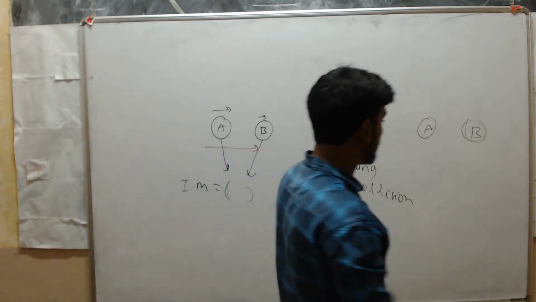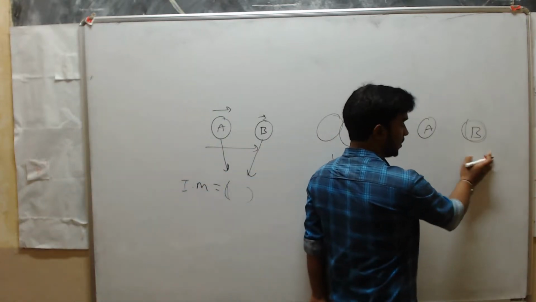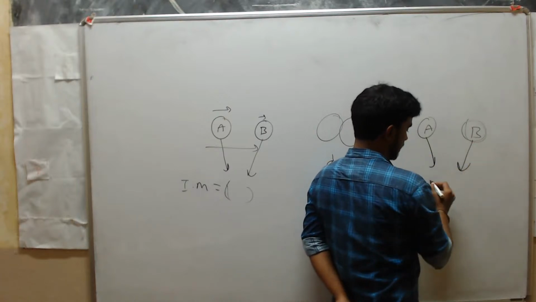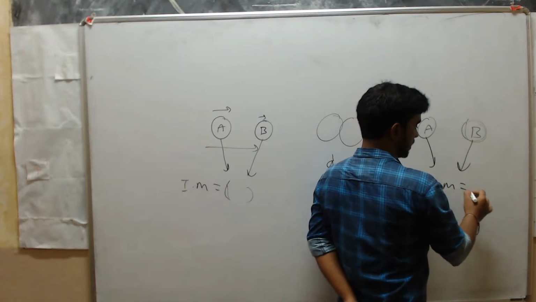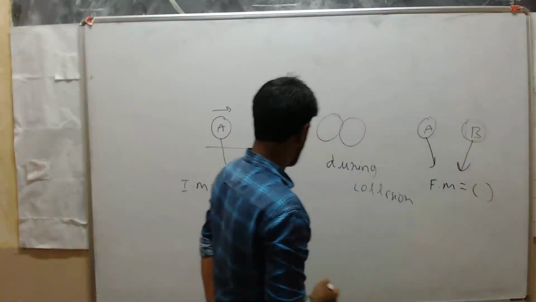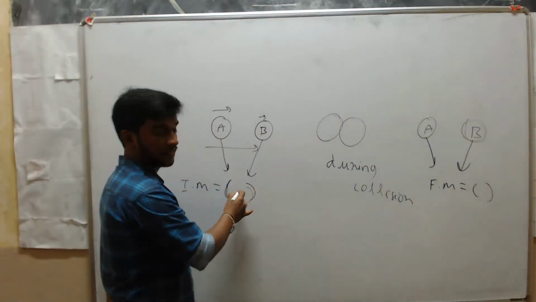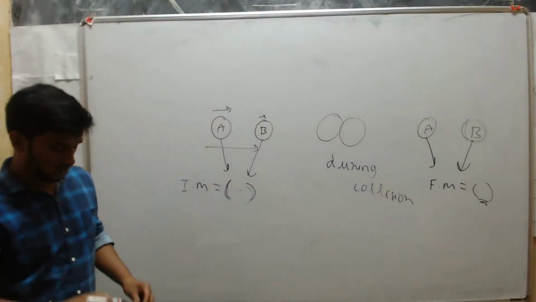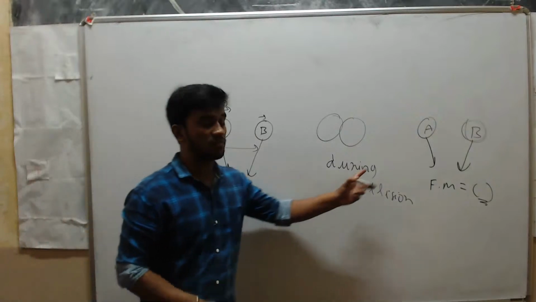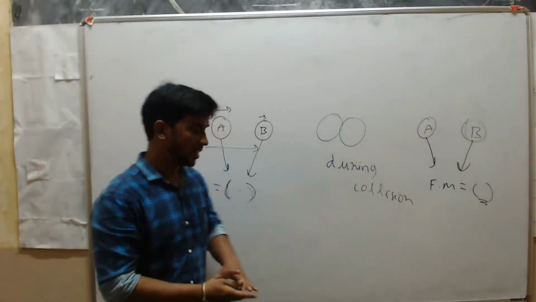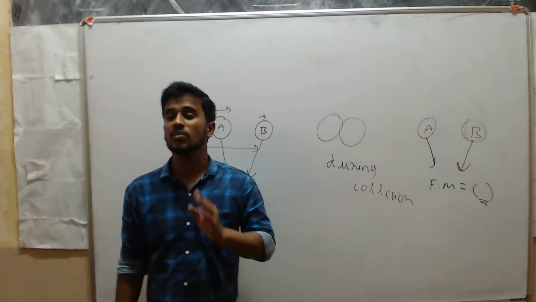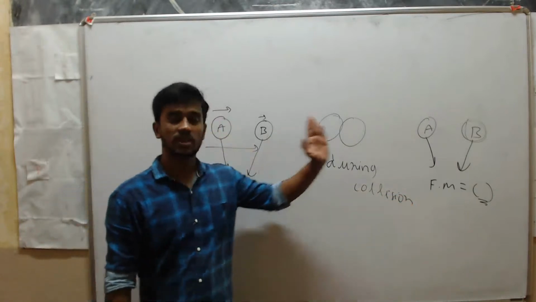But here also, if you take the momentum of this object plus the momentum of this object, you will get some answer, right? The same value you will get here also. So before collision and after collision, the initial momentum is equal to the final momentum, and then we can say that momentum is conserved.